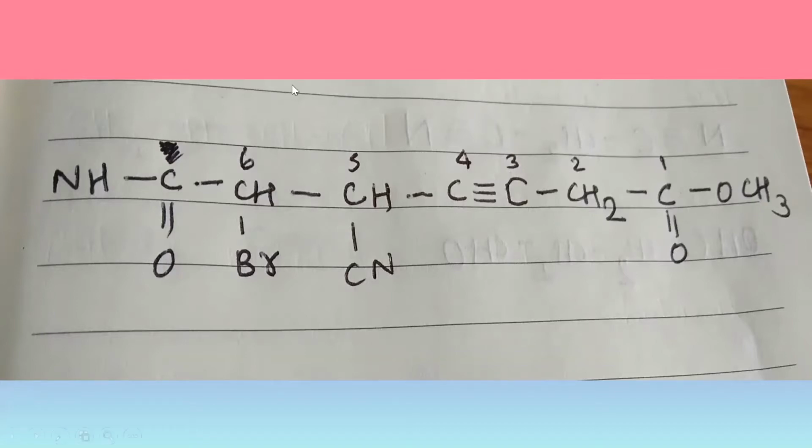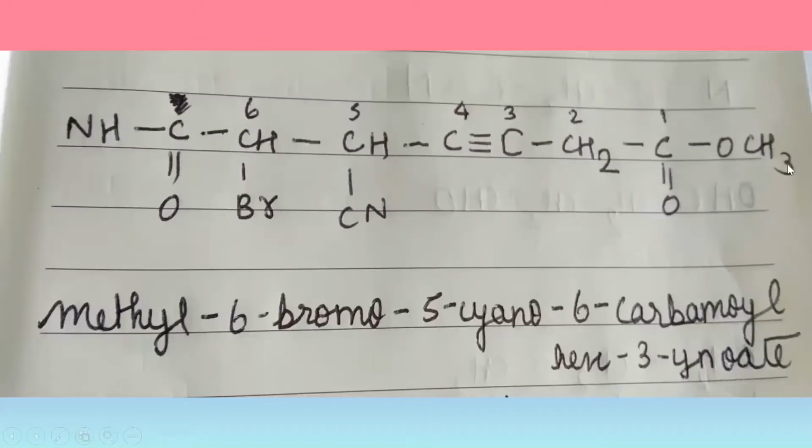Now when we start the naming, we start with methyl, because there is one methyl present here. So: methyl 6-bromo-5-cyano-6-carbamoyl hex-3-ynoate. We all know that it's an ester, so whenever we start an ester's name, we start with alkyl alkanoate. The alkyl group here is methyl.